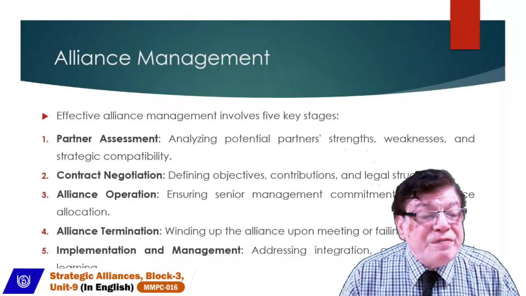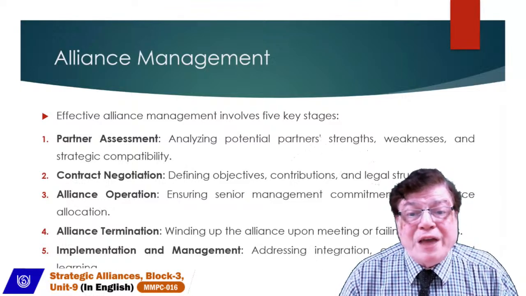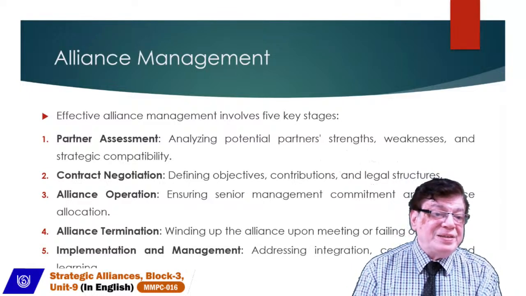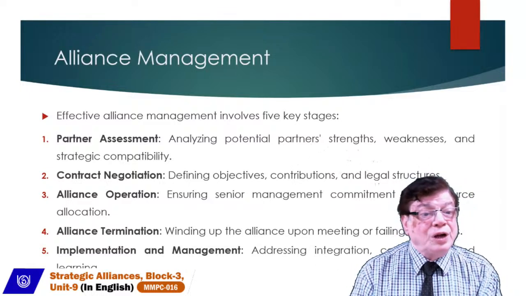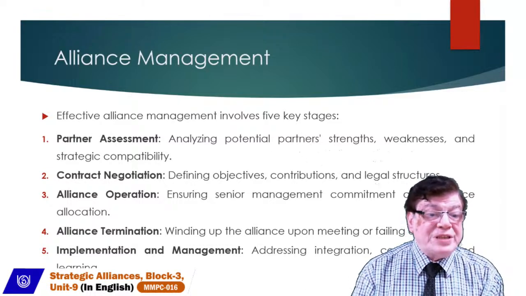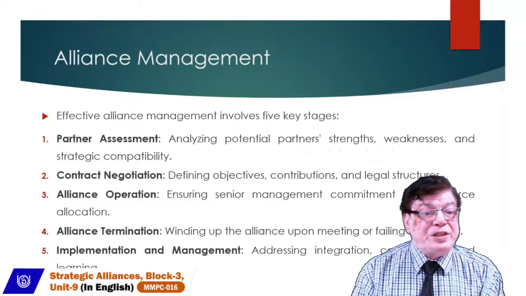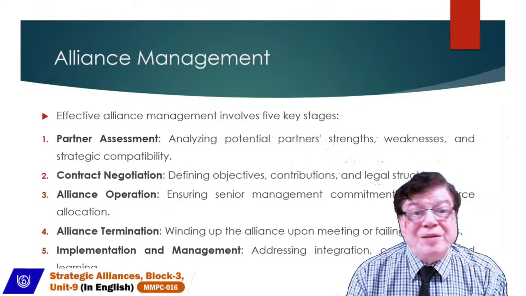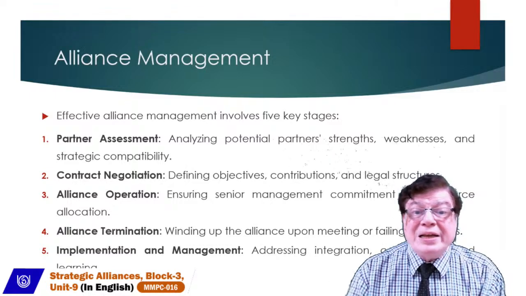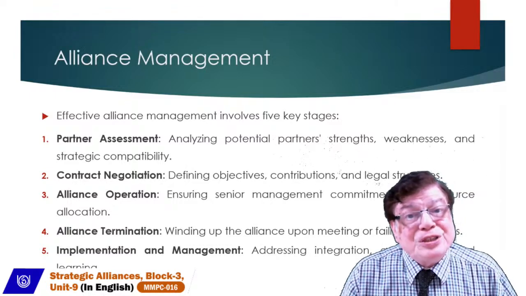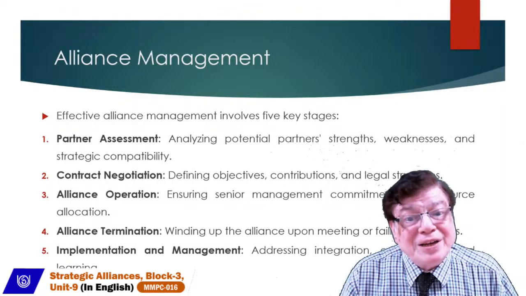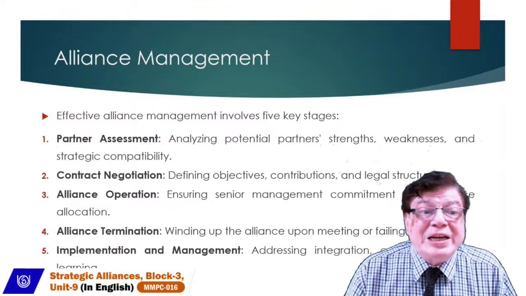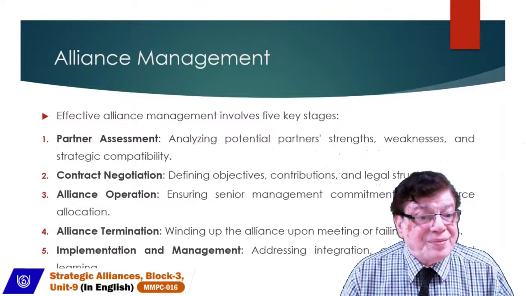Now, alliance management. Effective alliance management involves 5 key stages. The first stage is partner assessment. Second is contract negotiation. Third is alliance operation. Fourth is alliance termination. Fifth is implementation and management. So first is partner assessment, analyzing potential partners: which are potential partners that can be taken, analyzing their strengths, weaknesses, and strategic compatibility.